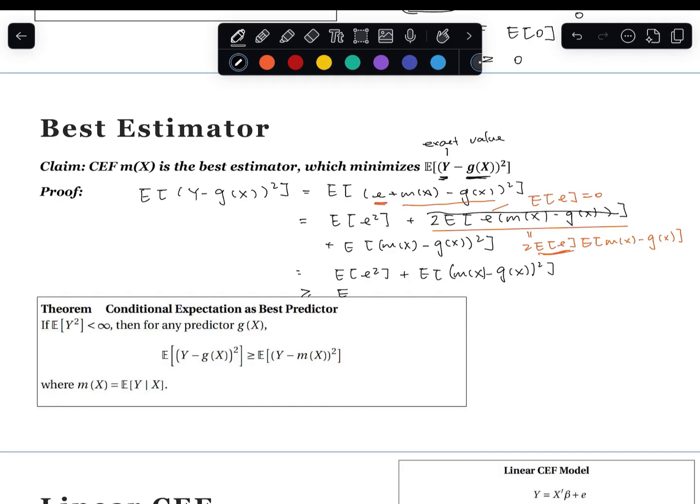Then it will be greater than or equal to the expectation of the squared error, unless m(x) is just g(x). And also we can write down this one as (y minus m(x)) squared.